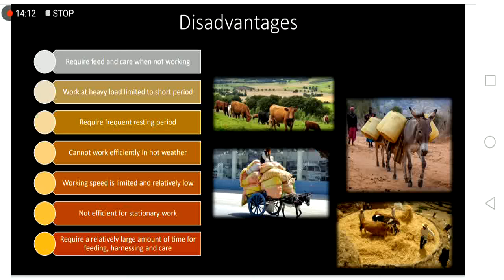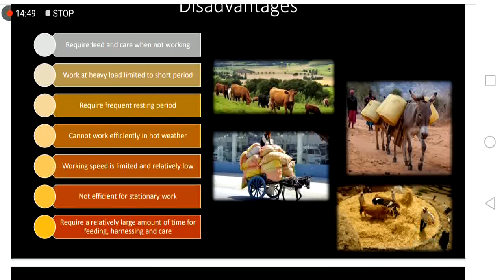When you are using them for a load heavier than their capability, then you can expect their working hours to be shortened because they might exhaust earlier. Number 3, they require frequent resting periods, since they are living things and need to rest. Number 4, they cannot work efficiently in hot weather, like what we have discussed earlier.